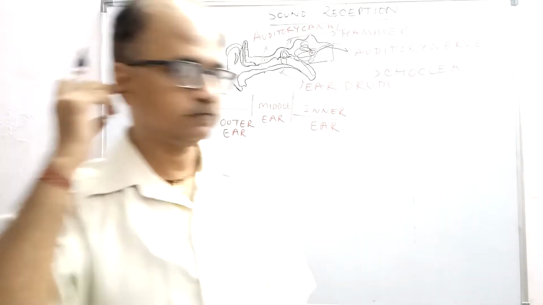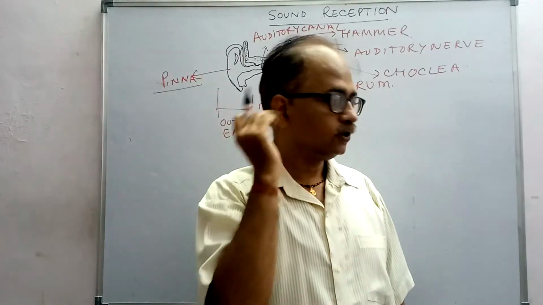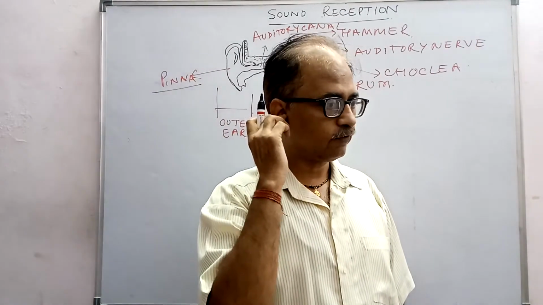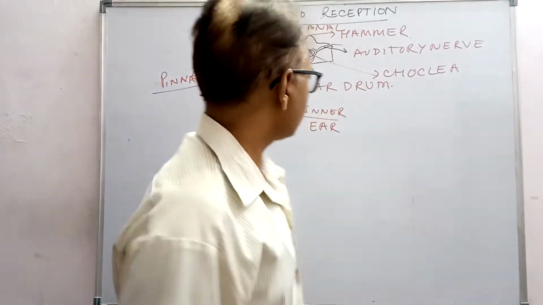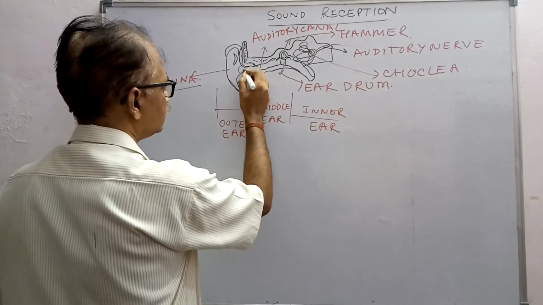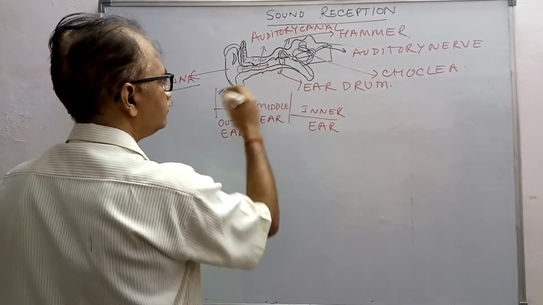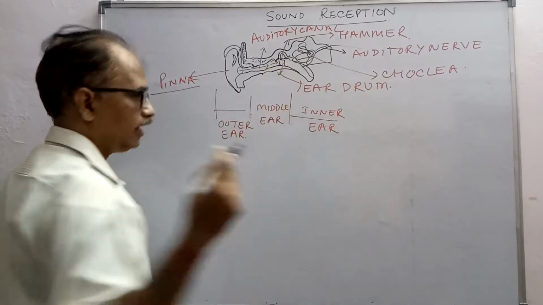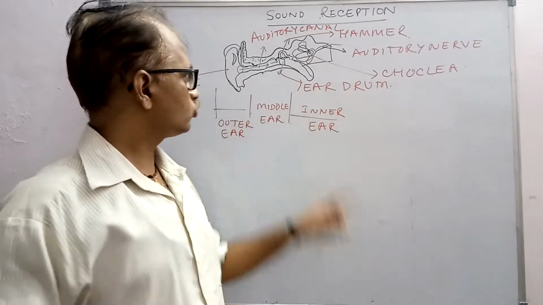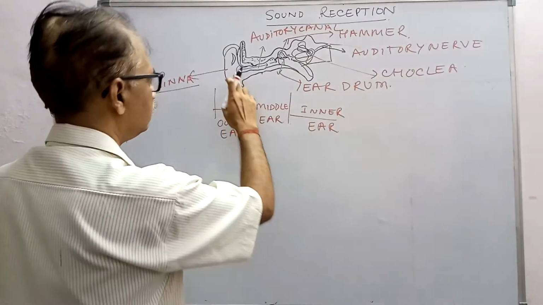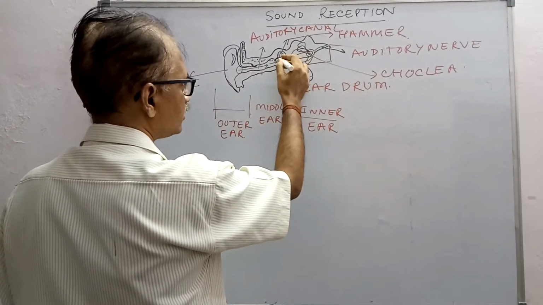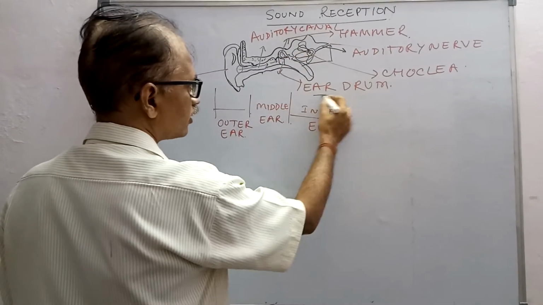This part of the ear is called the pinna. There is a small hole right over here, and as you go deep inside behind it, there is the eardrum.